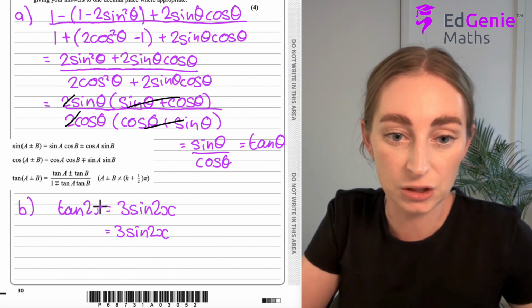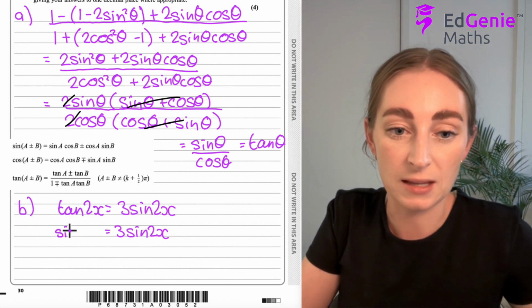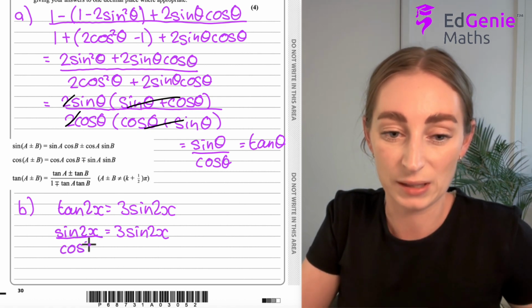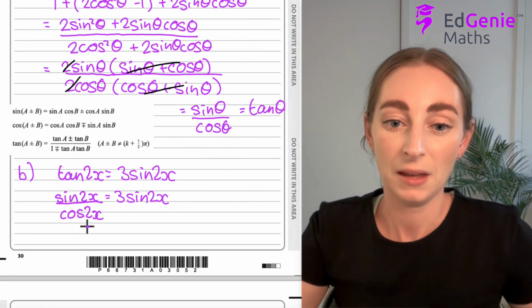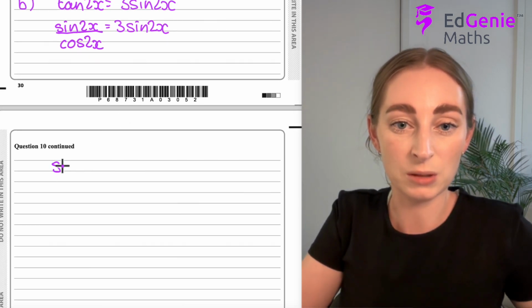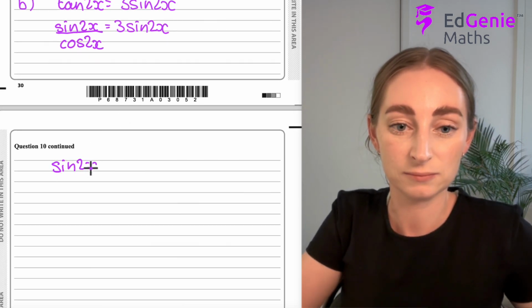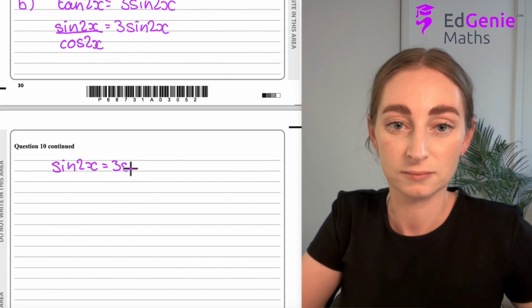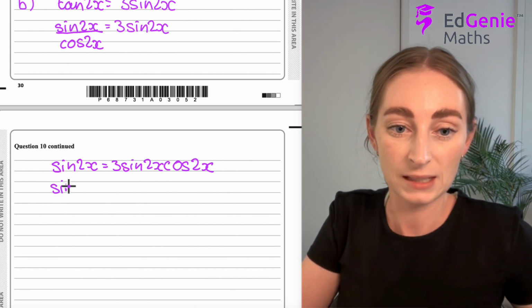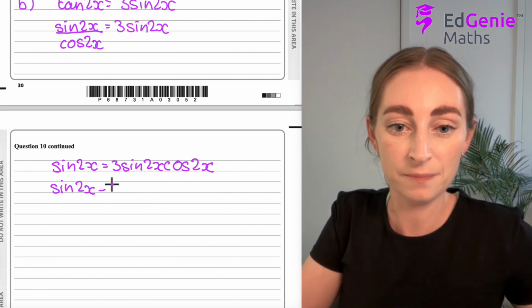Okay, tan 2x. That's going to be sine 2x over cos 2x. Multiply both sides by cos 2x and we will get this. Let's make this equal to 0.